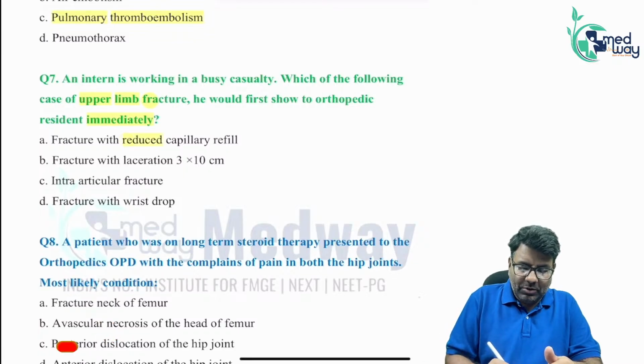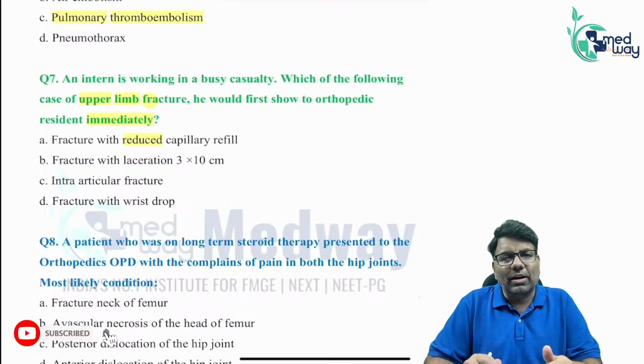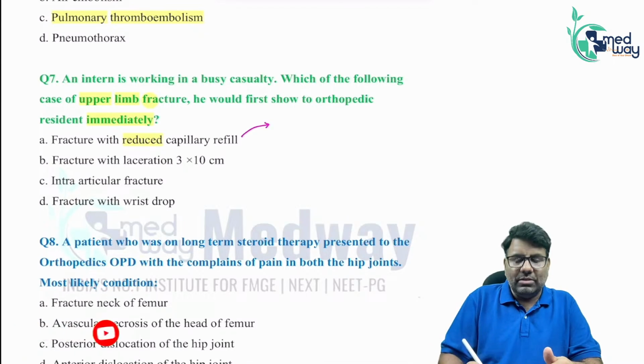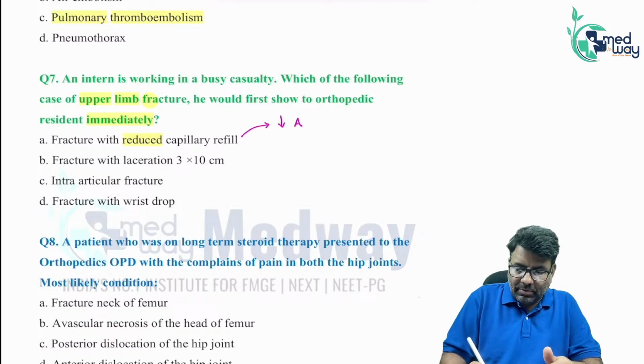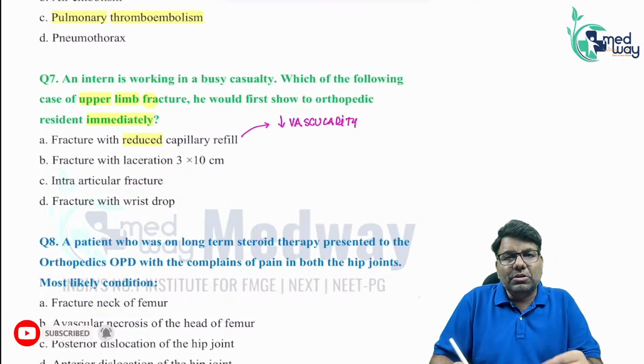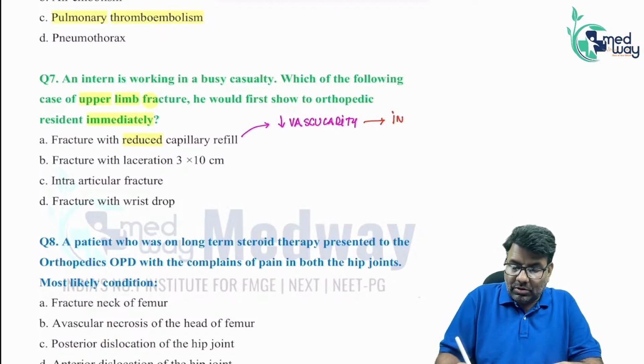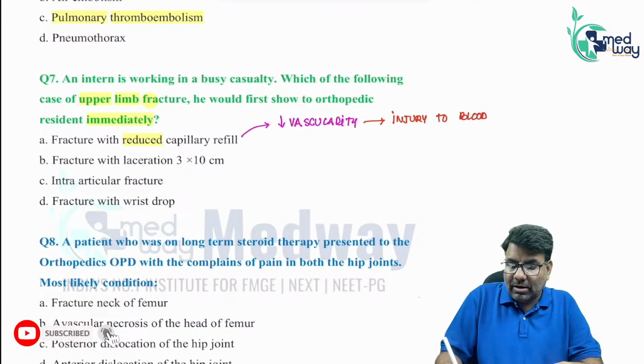Fracture with reduced capillary refill. Now if there is reduced capillary refill, it means there is reduced vascularity. Right? And if there is reduced vascularity, it indicates there is some injury to a blood vessel.